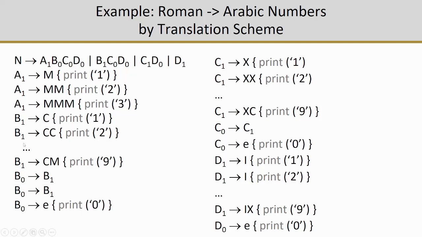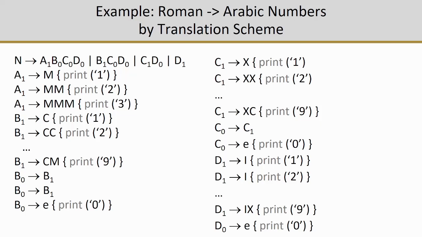And then the hundreds can be represented in Roman numbers by C for 100, CC for 200, and CM for 900. And for the tens, we can have X for 10, XX for 20, and so on, XC for 90.